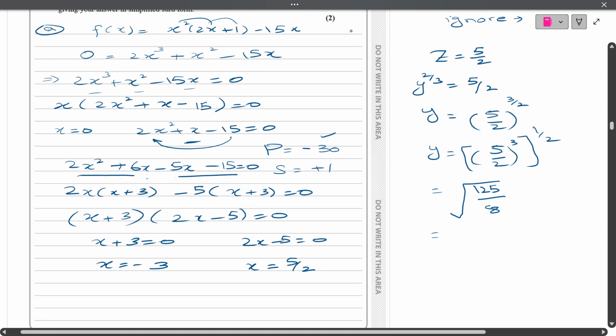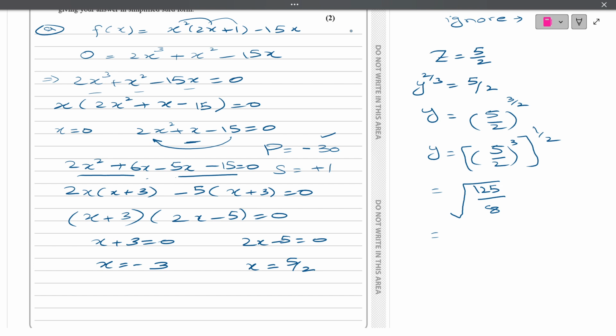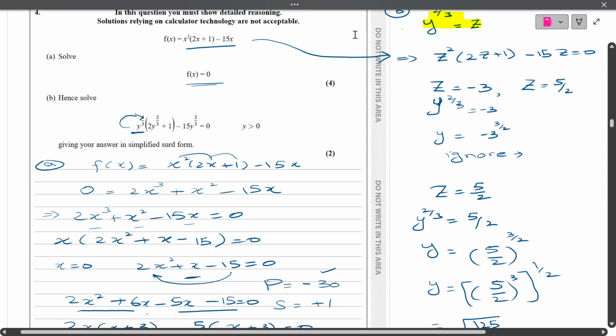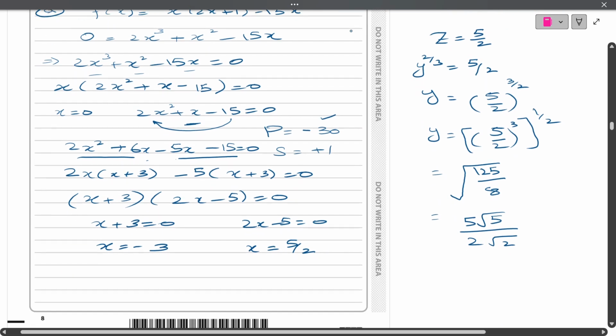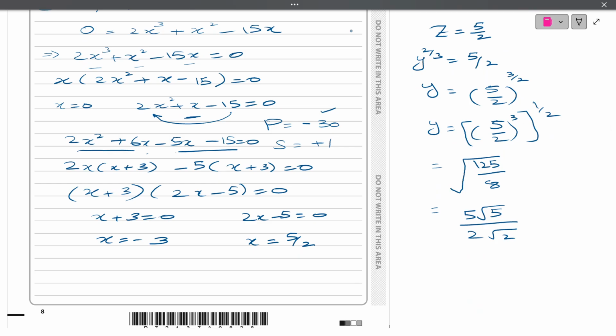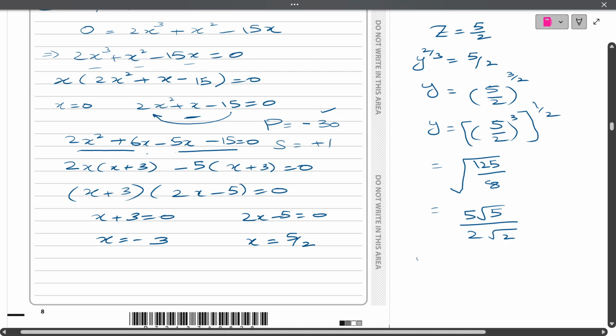The square root of 125 is 5√5, and the square root of 8 is 2√2. The question says to give your answer in simplified surd form. It is a surd form, but this is not simplified because we have a surd in the denominator, and we need to get rid of it. So we make the denominator surd free.